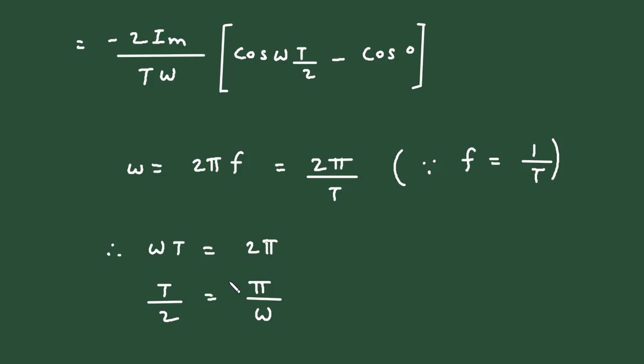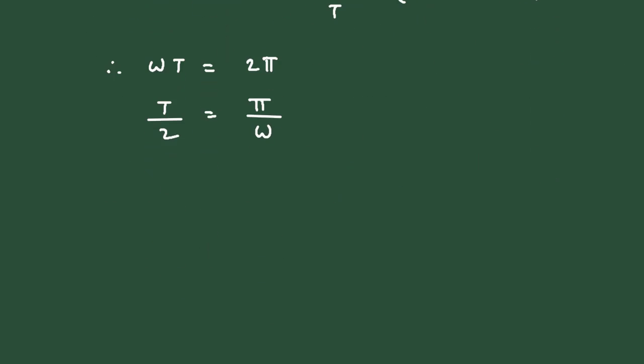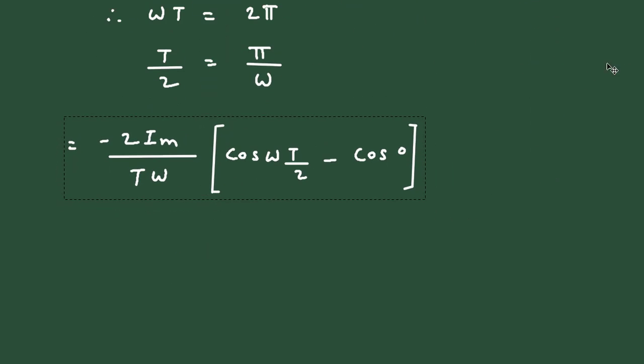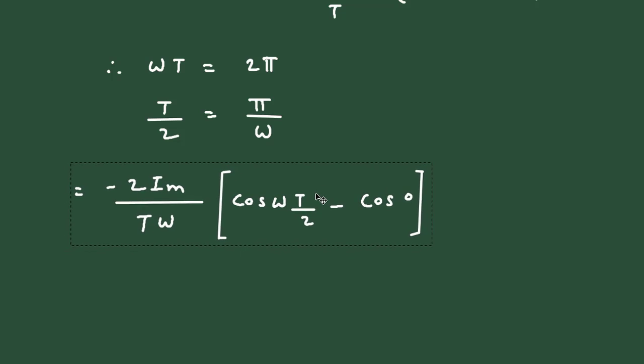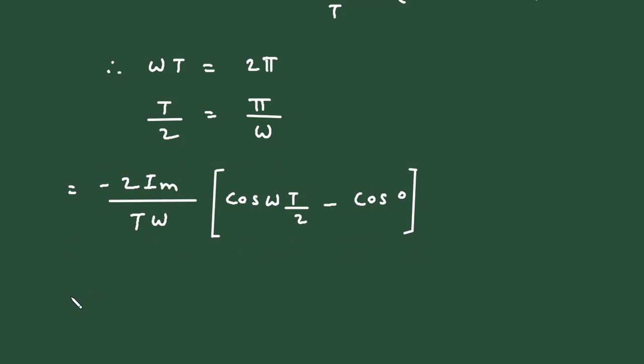Now we will put these values here. So minus 2 Im divided by T omega. In place of T omega we can substitute 2 pi.